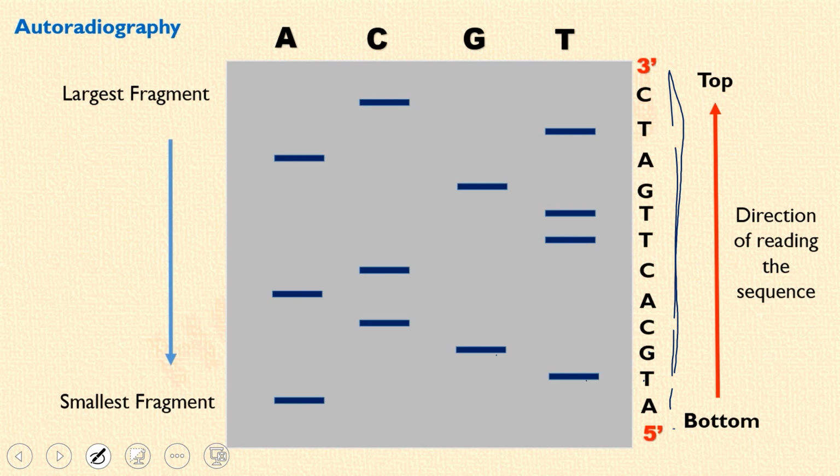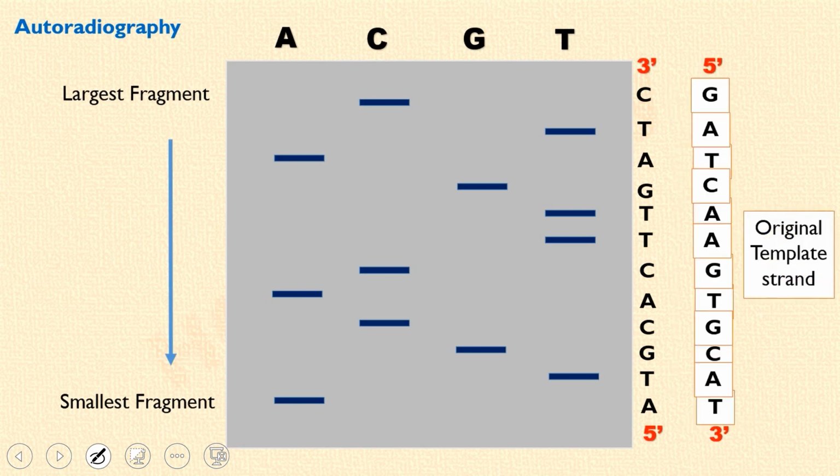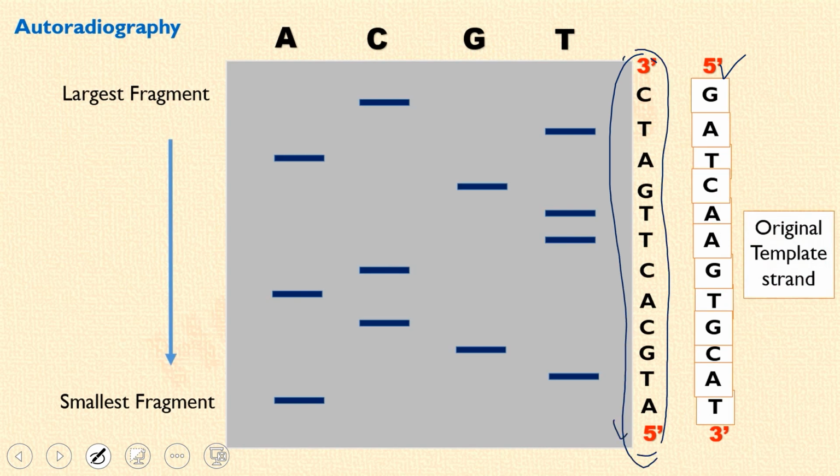This is the newly formed DNA strand. Once you have got this newly formed DNA strand, you can write the complementary base in front of that one. So this is the original DNA strand, and we have made a radiolabel and dideoxynucleotide. On the basis of that one, we have got this picture. So this is the DNA sequence. Once you have got the newly formed strand, you can write the original DNA strand.